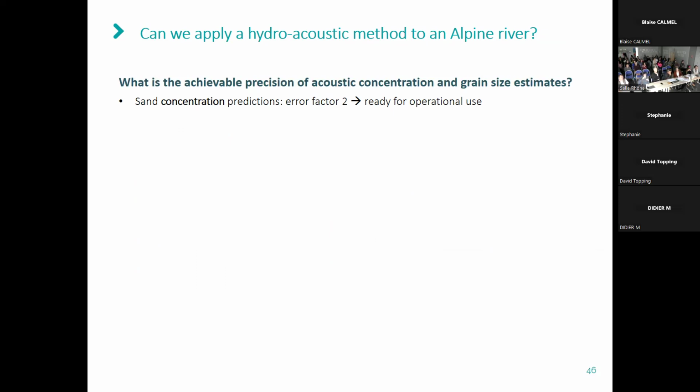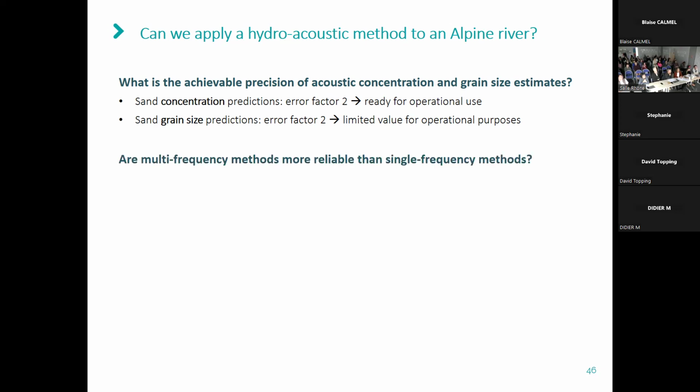This means that acoustic sand concentration monitoring is ready for operational use. However, we obtain the same precision for the sand grain size predictions while taking into account the low variability of the sand grain size. This is not yet ready or does not yield any additional value for operational purposes.